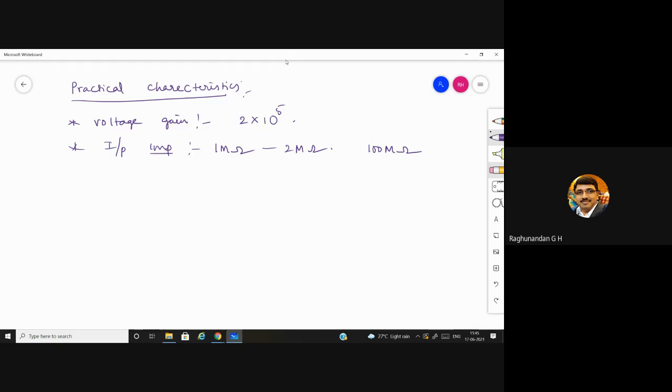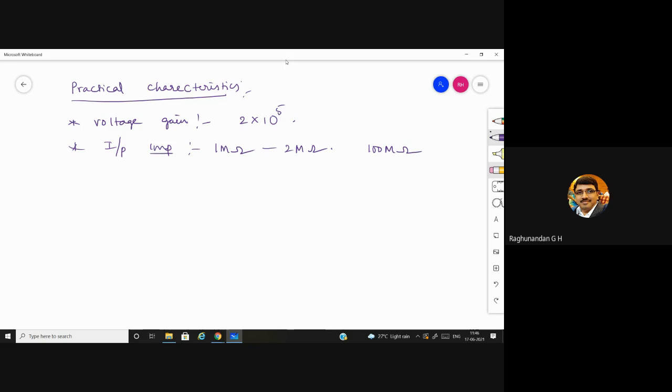Why? If input impedance is maximum, it takes less current, and by taking less current it gives more current at the output. Output impedance low indicates more current is flowing. So our amplifier takes less current and gives more current, so obviously it is a good amplifier.